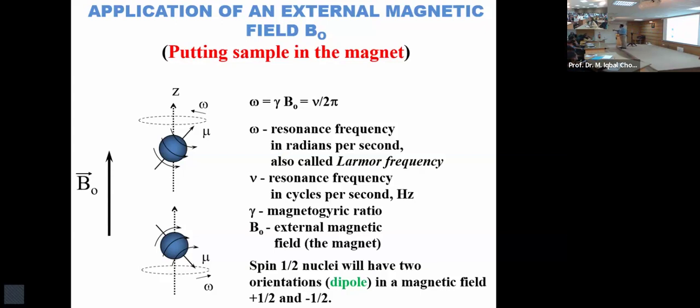So a new term was invented, called B effective. Effectively, they are experiencing different magnetic fields depending on their own electronic environment. And B effective is then directly proportional to the Larmor frequency. So in NMR spectroscopy, the Larmor frequency is measured.